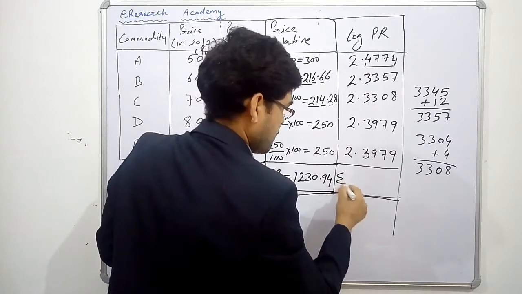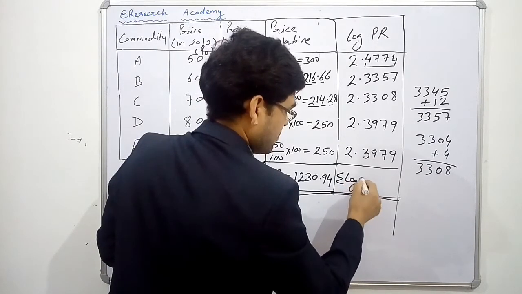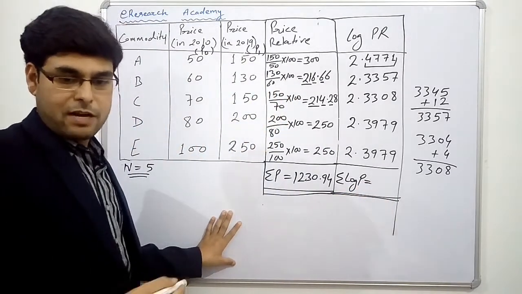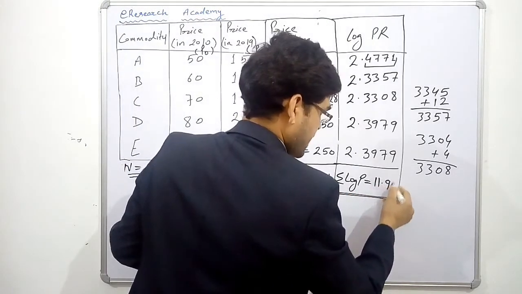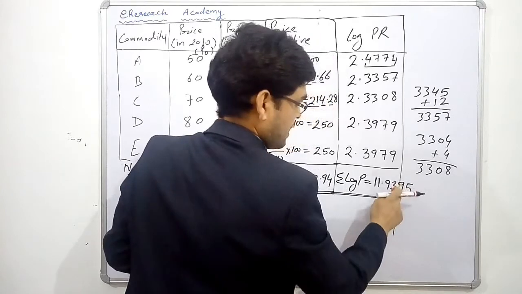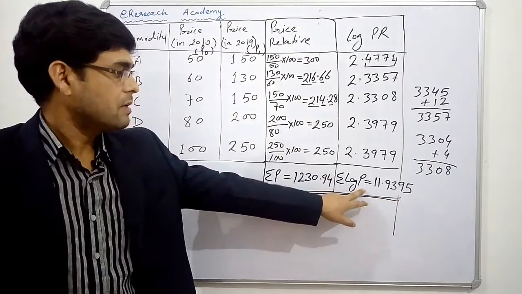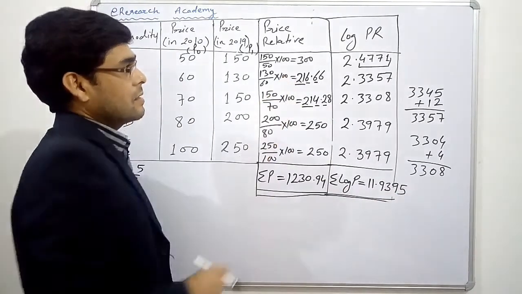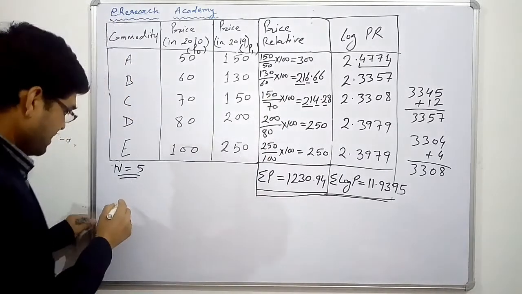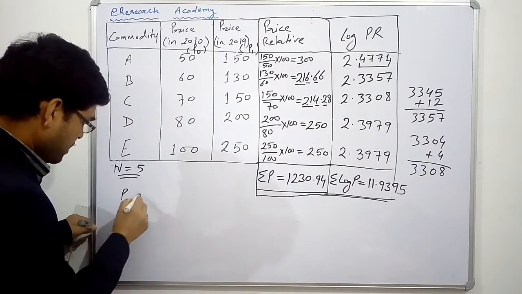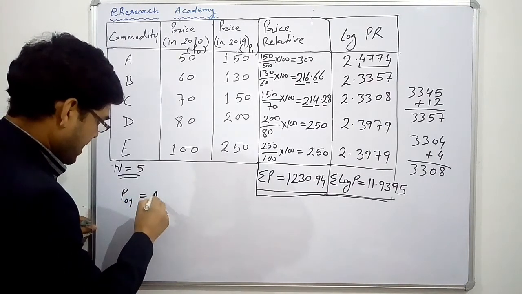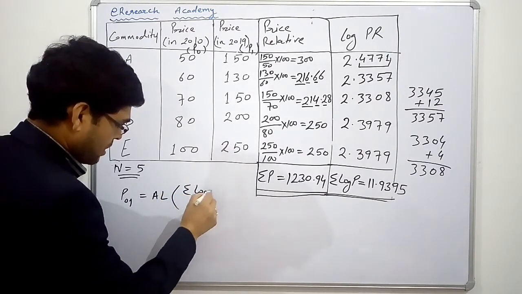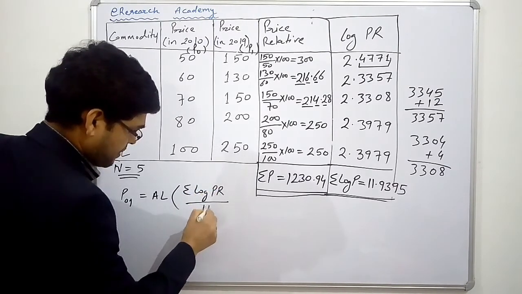This will be the summation of log price relatives, which gives a total of 11.9395. The formula under the geometric mean method is P01 equal to antilog of sigma log price relative upon n.